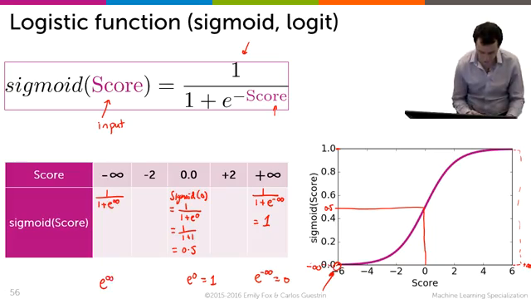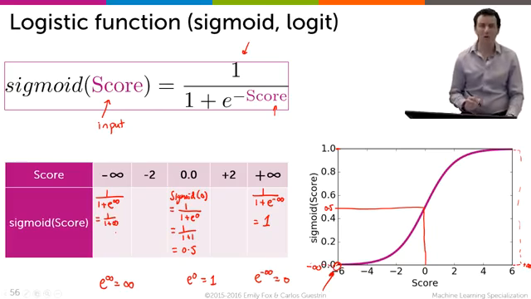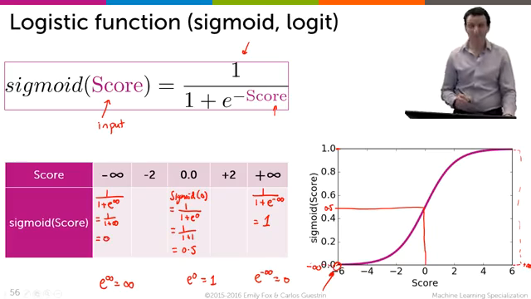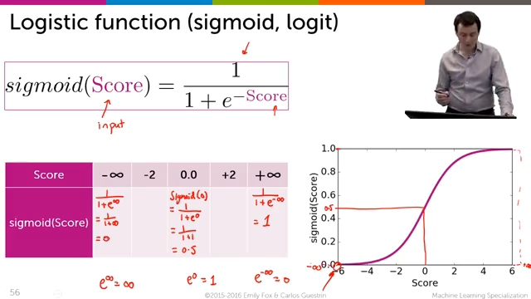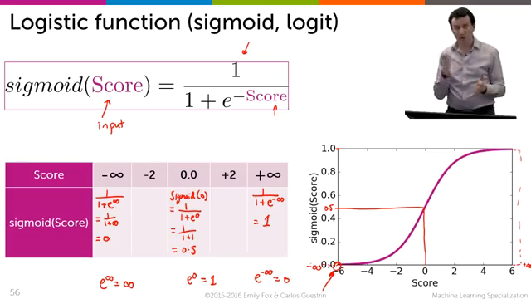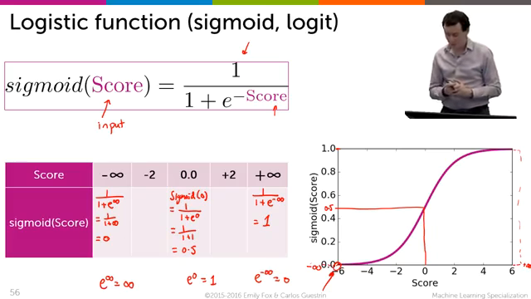And cheat sheet down here, e to the infinity is infinity. And so this is equal to 1 over 1 plus infinity. And 1 over 1 plus infinity is 0. Exactly what we'd want. So the sigmoid has this property that it goes from 0 to 0.5 to 1, really in the way we want.